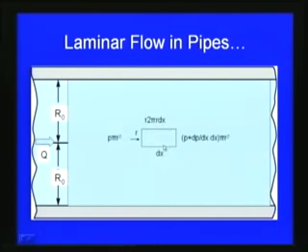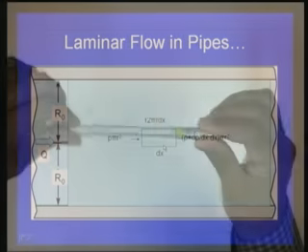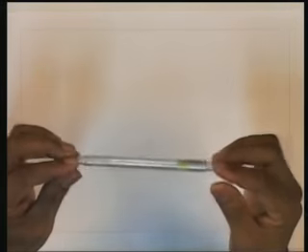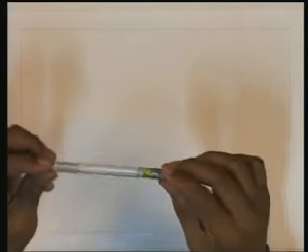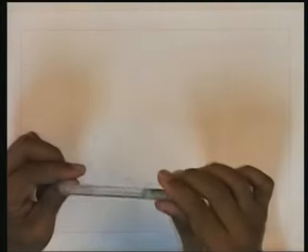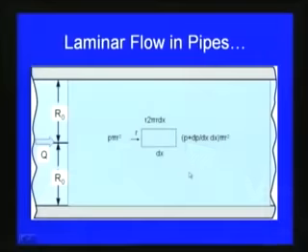In this particular case, we consider the pipe as a horizontal pipe. If the pipe is in an inclined position, we have to consider the gravitational effect also. That will be considered later, but at present we are considering the pipe horizontal, and we are deriving an expression for the velocity.